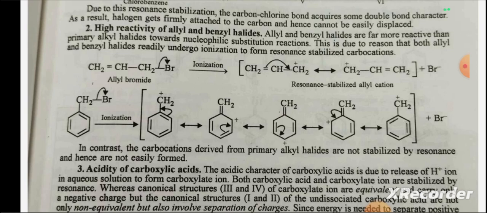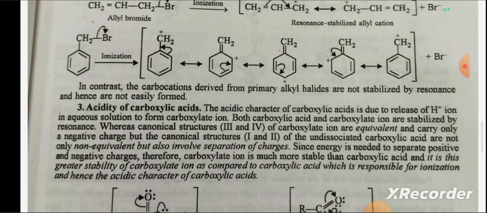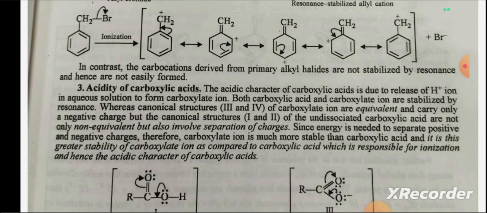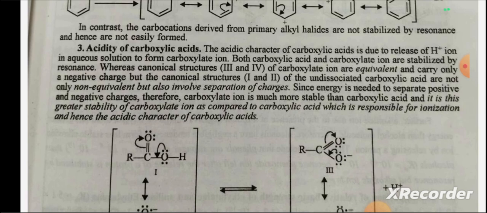Third is acidity of carboxylic acids. The acid character of carboxylic acids is due to the release of H positive ions in aqueous solution to form carboxylate ions. Both carboxylic acid and carboxylate ion are stabilized by resonance, whereas the canonical structures of the carboxylate ion are equivalent and carry only a negative charge, but the canonical structures of unassociated carboxylic acid are non-equivalent and involve separation of charges.